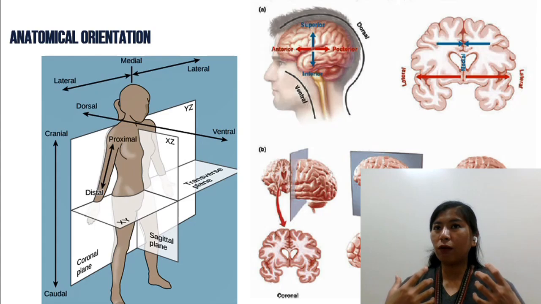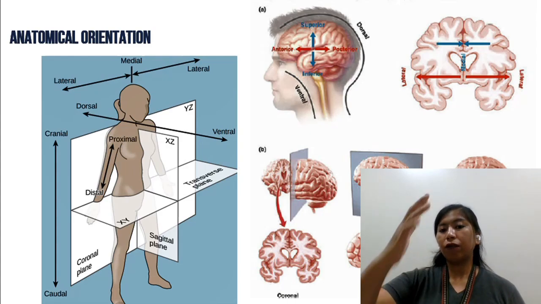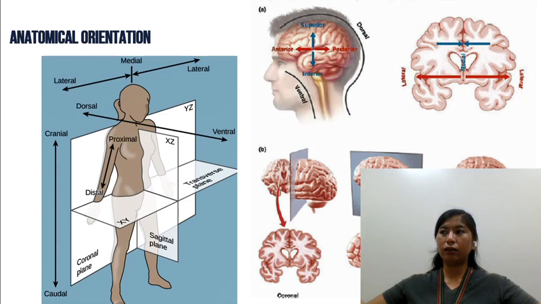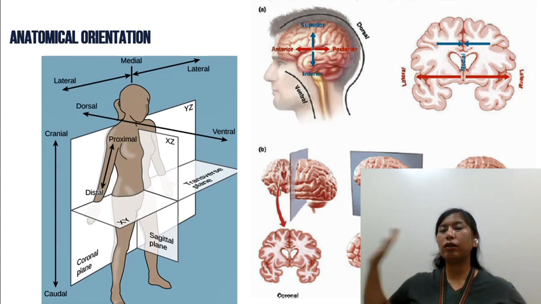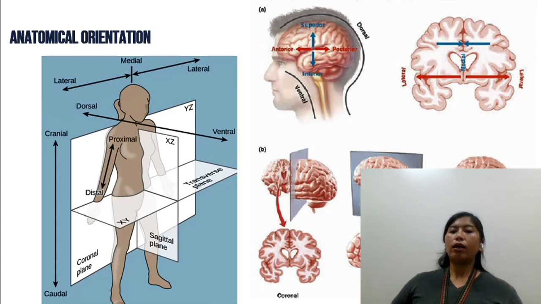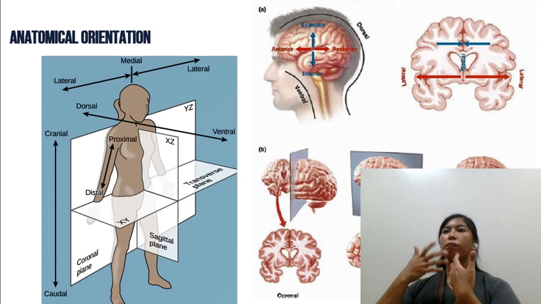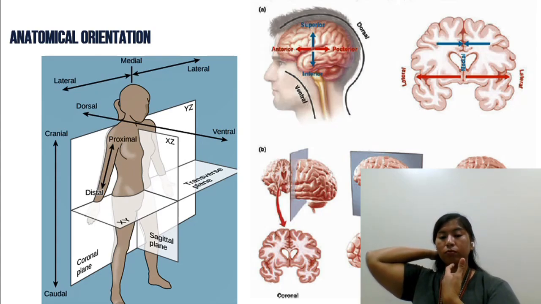Okay, so let us talk about the anatomical orientation, adding vocabulary on how we are referring to some parts of our body by being specific to the orientation of our anatomy. So let us refer to the image on the left. We refer to medial, then lateral, referring to the center, then from the center to the extremities orientation, and then ventral and dorsal is referring to your orientation facing forward, and then on your back is dorsal.